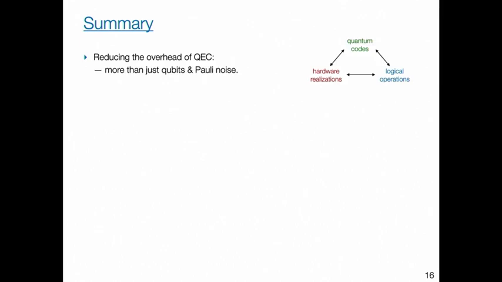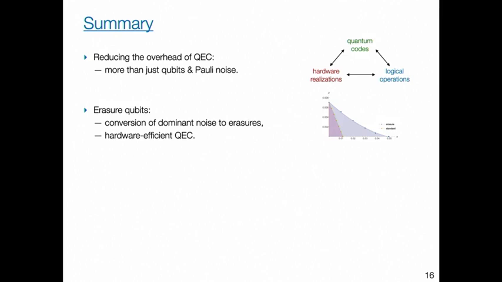I hope that I convinced you that thinking about hardware realizations of quantum error correcting codes can help us with reducing the overhead of quantum error correction. We should not just think of qubits and Pauli noise. We should dig a little bit deeper. A realization of this mindset is erasure qubits, and we arrived at the idea of erasure qubits via this path.